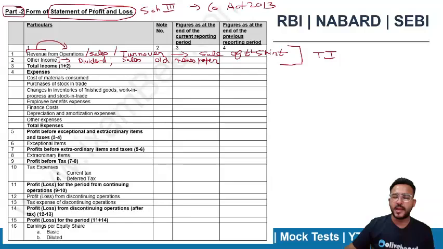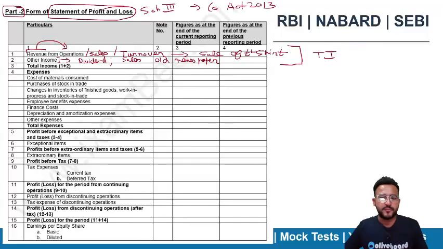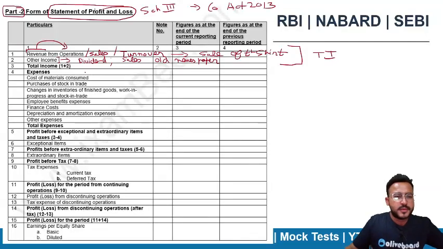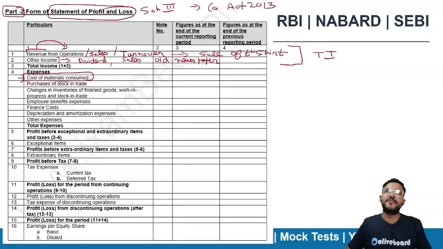To run a business there are a lot of expenses. So cost of material consumed. Now these are some of the technical terms. You should be aware of meanings. Okay. Cost of material consumed. So that means raw material consumed. So how do I know how much I have consumed?